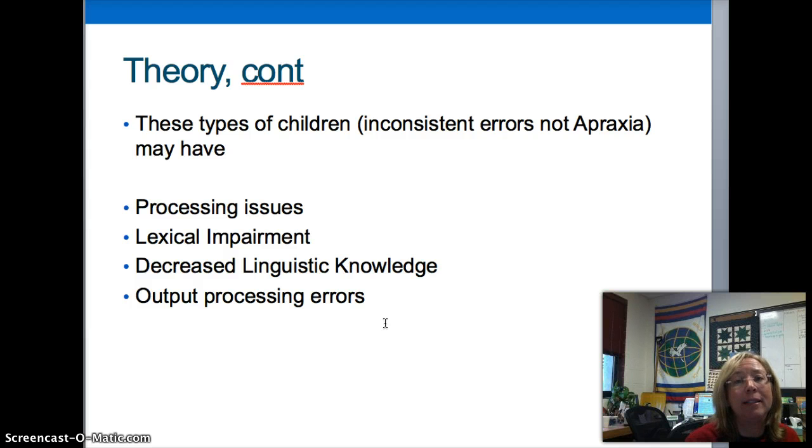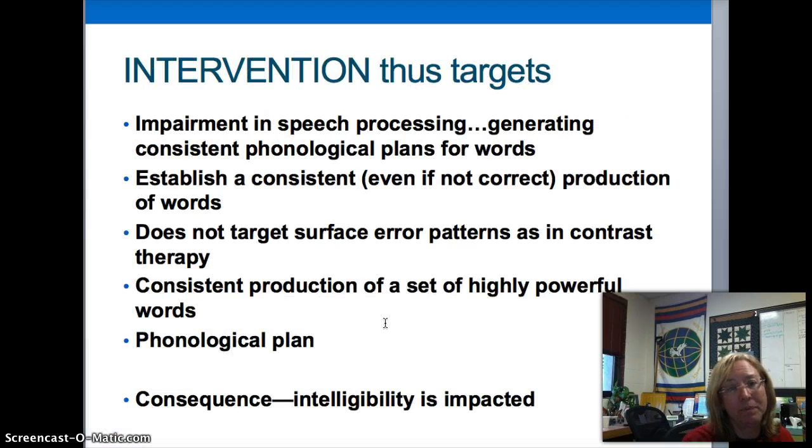So when these kids have these inconsistent errors, not characteristic of apraxia, we suspect they have processing issues, maybe lexical vocabulary deficits, decreased linguistic knowledge altogether, and then we see these output processing errors. So thus the intervention is going to target that impairment in speech processing.